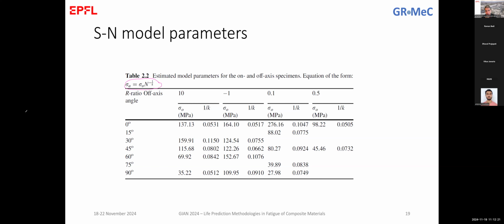It's the equation that has been introduced by Basquin in 1910, and it's the power law equation. It's a straight line on the logarithm of number of cycles to the logarithm of cyclic stress plane. If we plot the data in this plane and we fit this equation, it's a straight line.